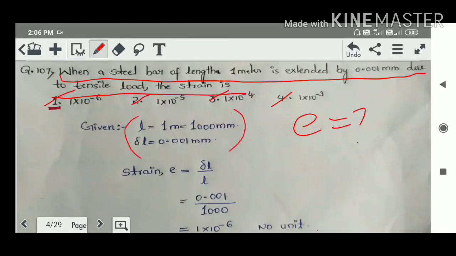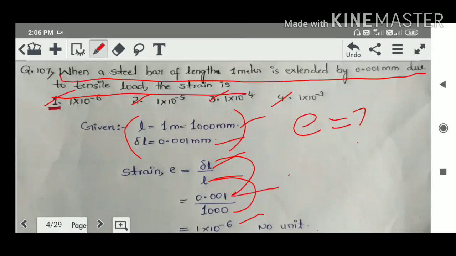and in the question the data is given as the original length is 1 meter, that is 1000 mm, and the change in length is 0.001 mm, and strain is change in length by original length. If you put it like this, change in length as 0.001 mm and original length as 1000 mm, the answer we get is 1 into 10 raised to minus 6.